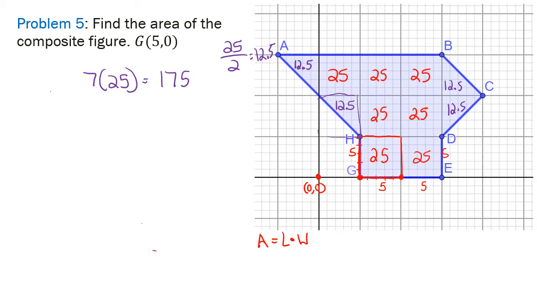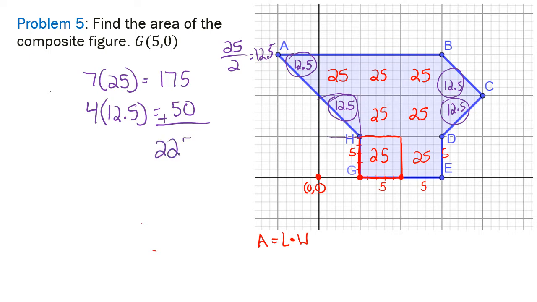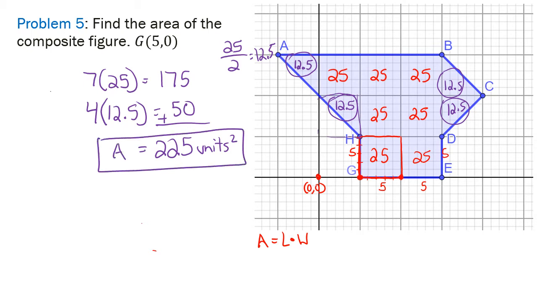Then I'm going to take the 12.5s. I have 4 of them, so 4 times 12.5 is going to be 50, and then I'm going to add them up. So I'm going to get 225 units squared for the area of that blue figure.